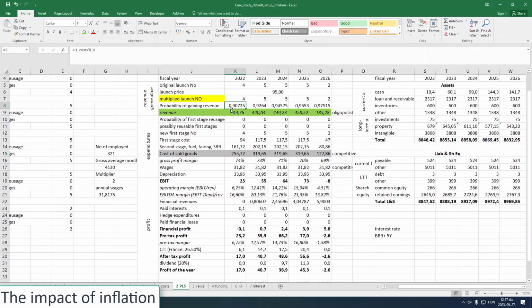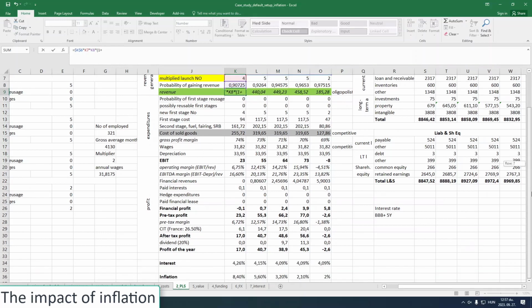So first let's see the optimistic scenario. Multiply 1 plus the inflation, not the interest, the inflation.